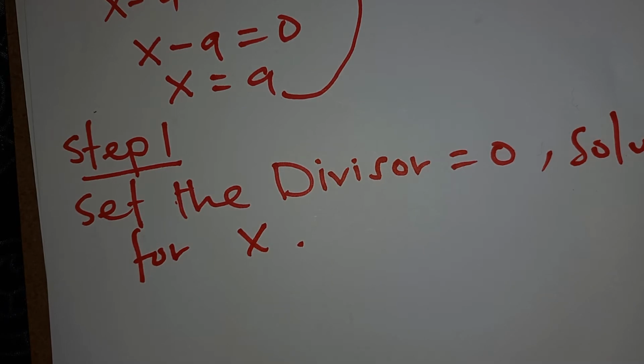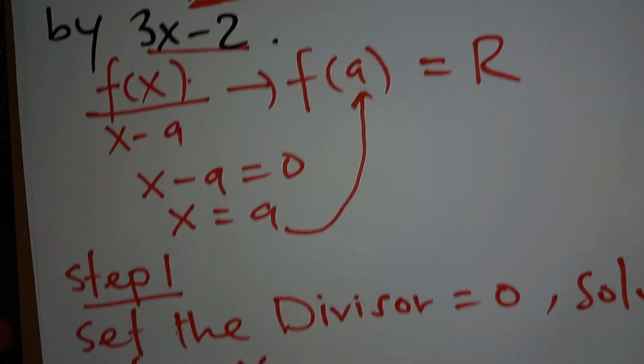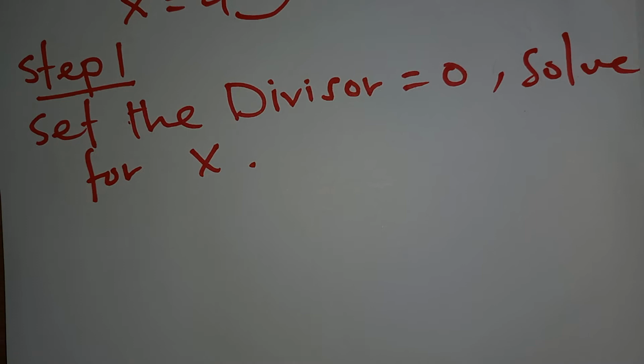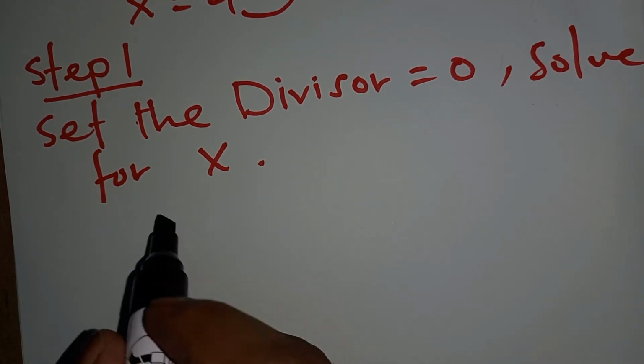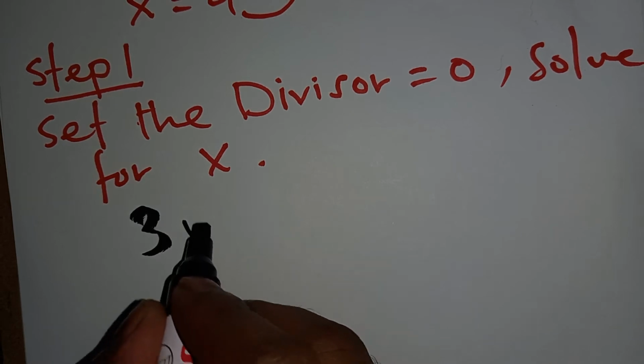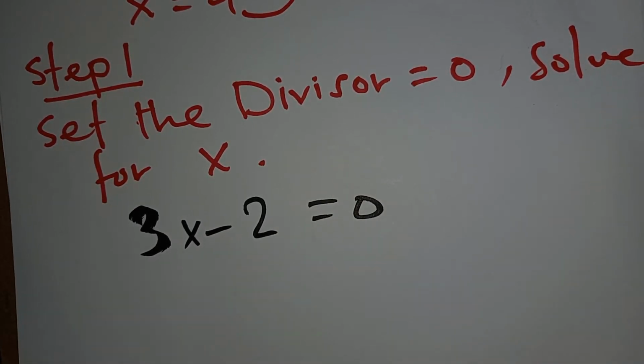That means 3x minus 2, you set it to 0, and then from there you solve for x.